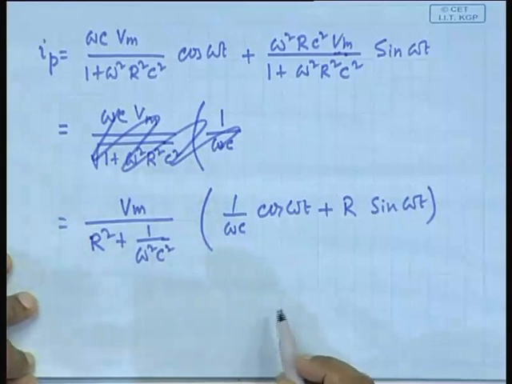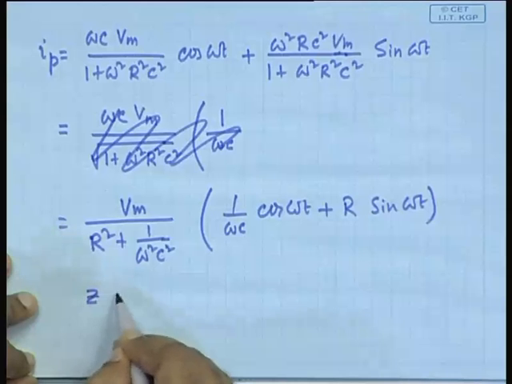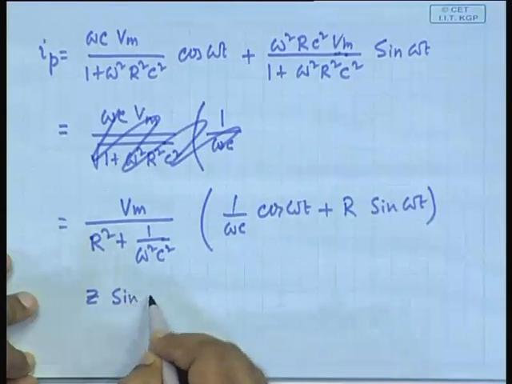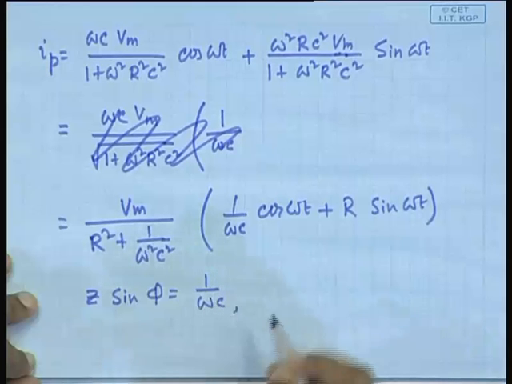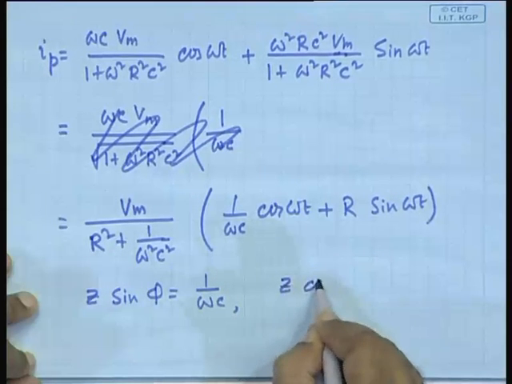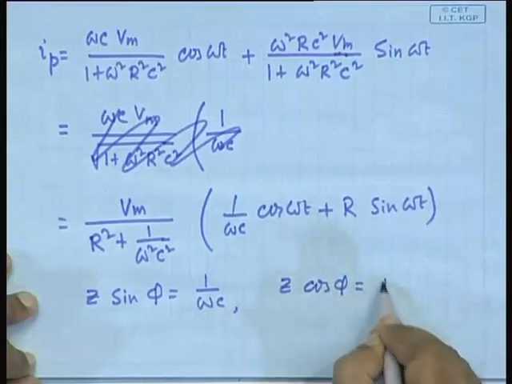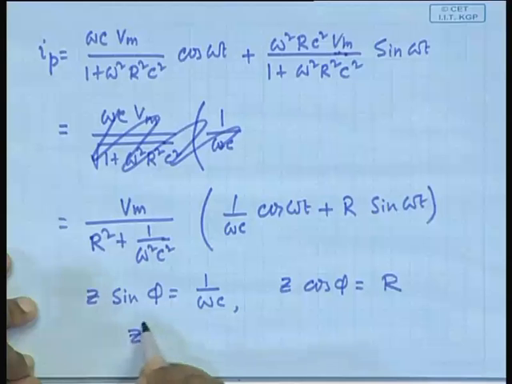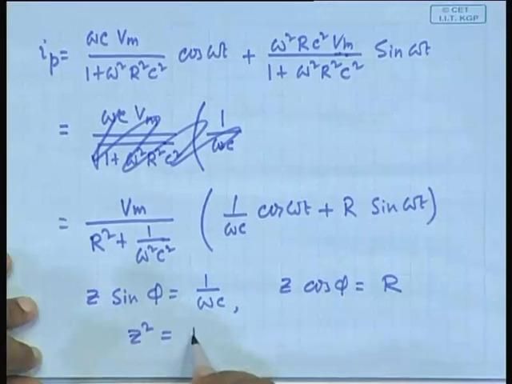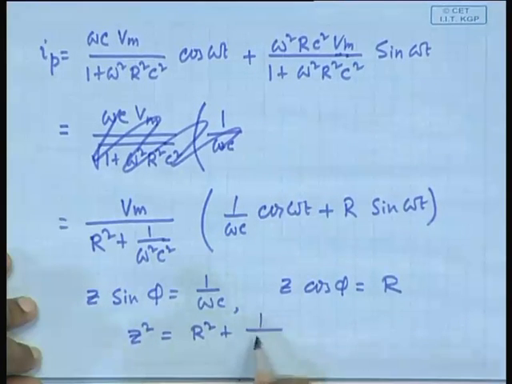Then we say that okay, now z sin phi is 1 by omega c, z cos phi is r, which means z square is equal to r square plus 1 by omega square c square. Fine.